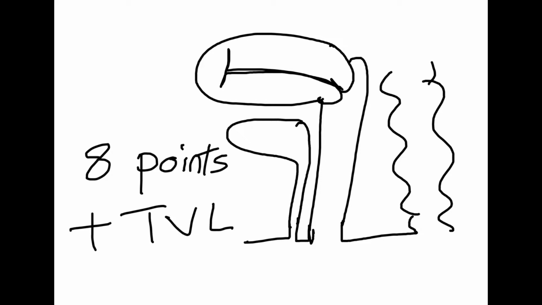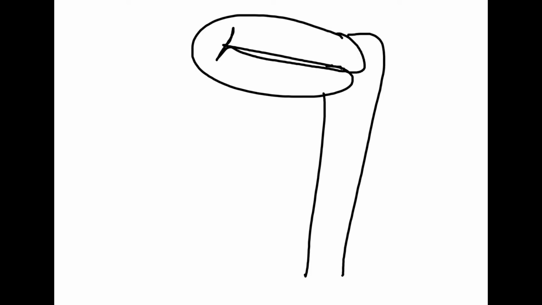Okay, so we have these points. 4 of them are actually inside the vagina. So inside the vagina, if that's the uterus and this is the vagina, as I told you, we have 4 points inside the vagina.